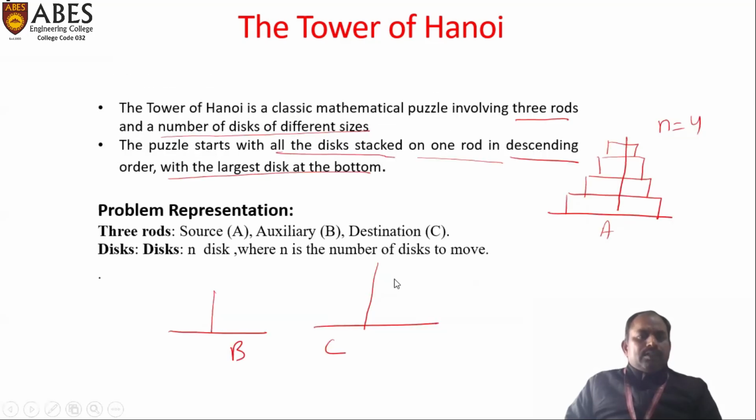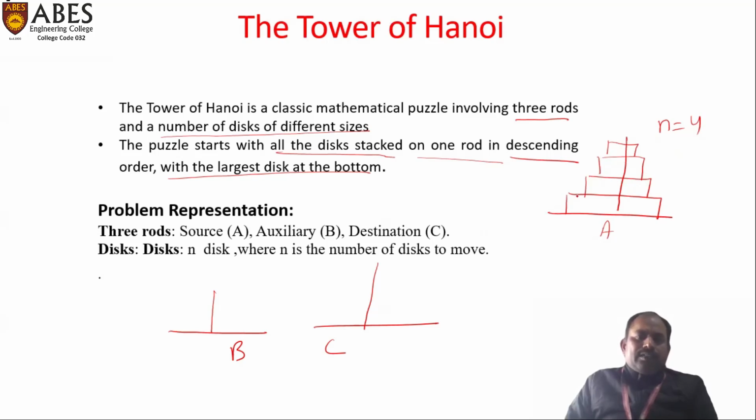Before that, let's see the rules to transfer the disks. There are basically two rules. First, the disks are always in increasing order, which means the smaller disk is always at the top and a greater disk will be below that.